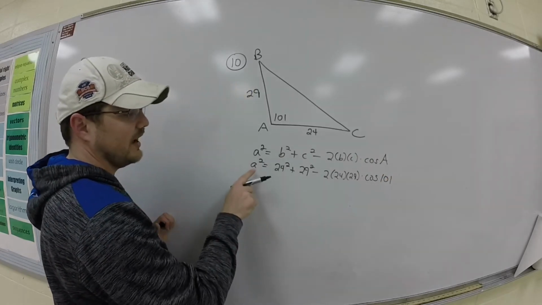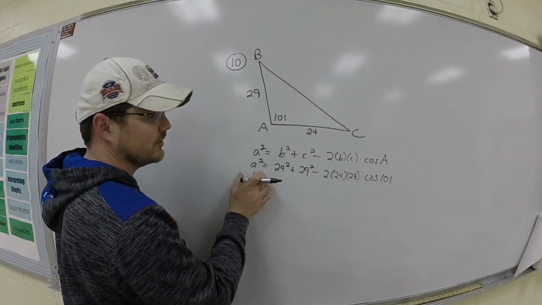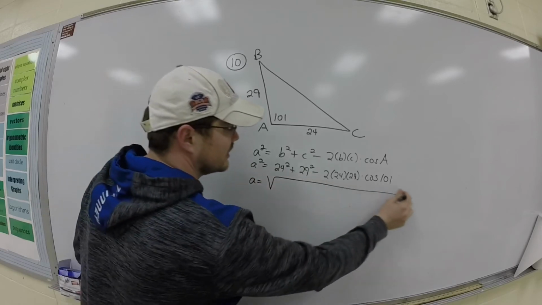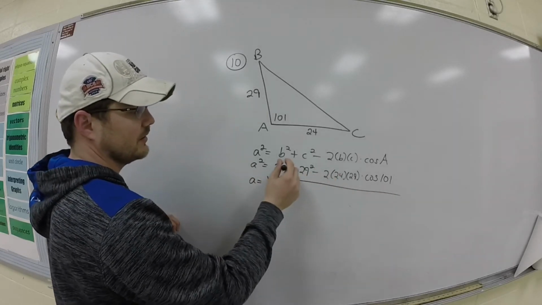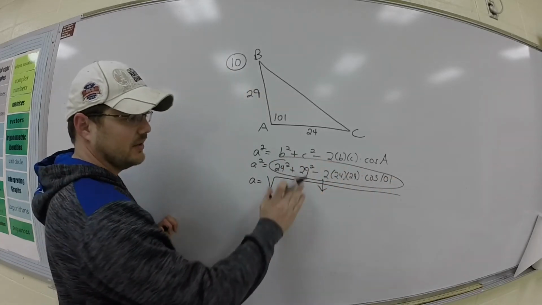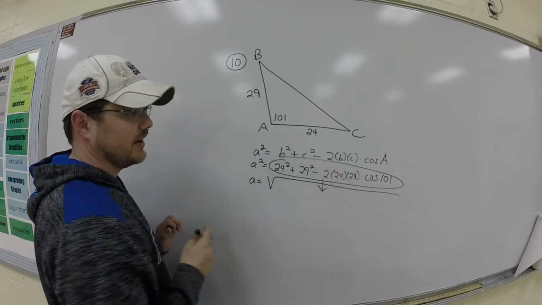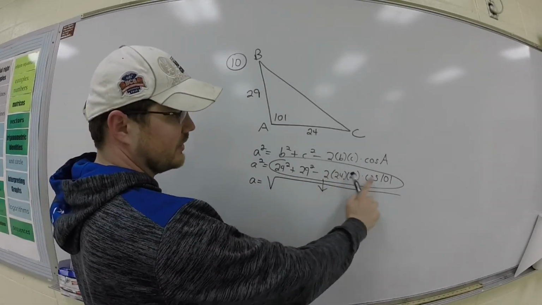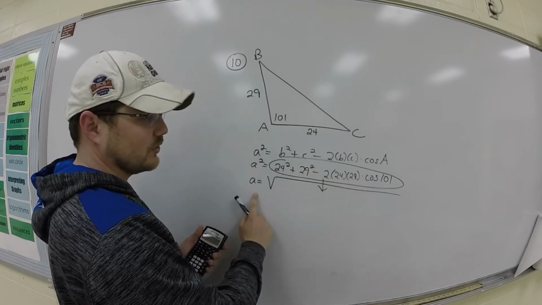Okay, so I need the square root of all this to get side A. So A is going to be the square root of all that. So instead of just drawing it in there, I'll just do this right here. So we need to do this in our calculator, and that'll give us side A. All right, so what I'm going to do is do all this in the calculator, and then I'm going to take the square root of it.